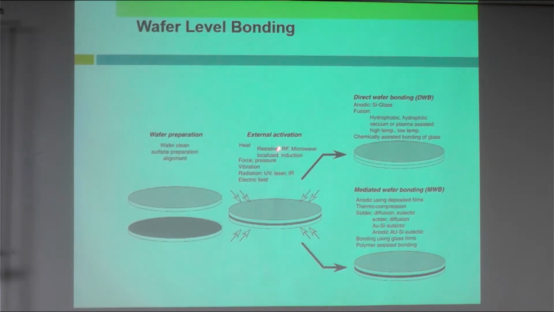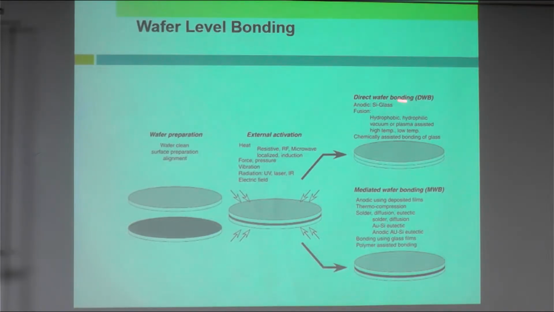Then with external activation, for example, you use heat and RF, and you use force, or you use vibration, or you use EV in order to bond. If you have certain adhesive or certain brazing, etc.